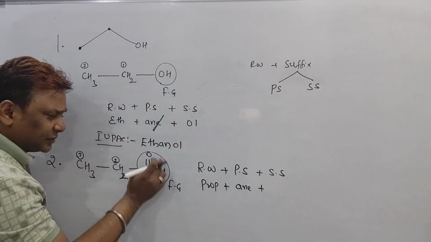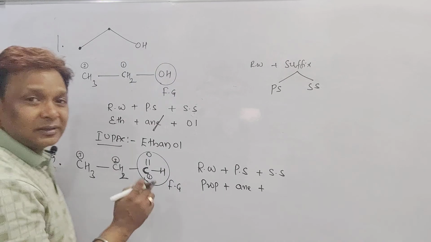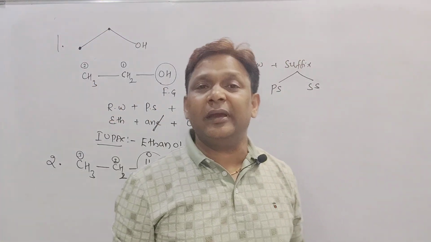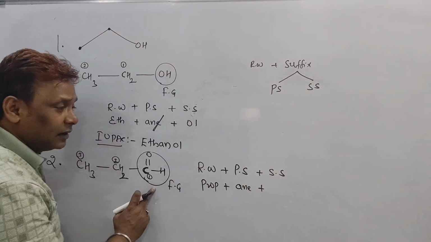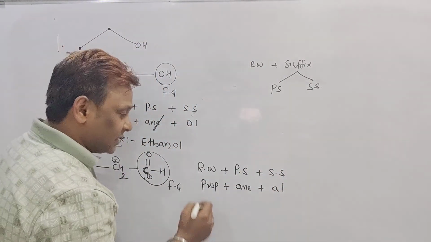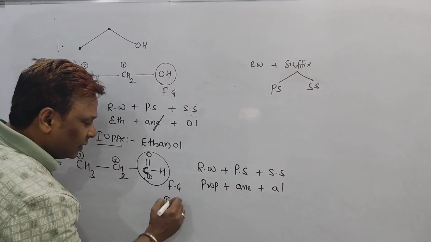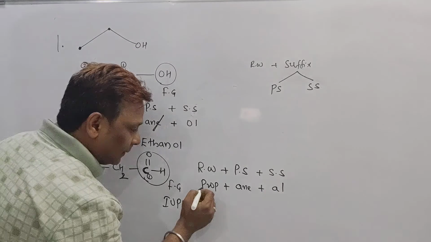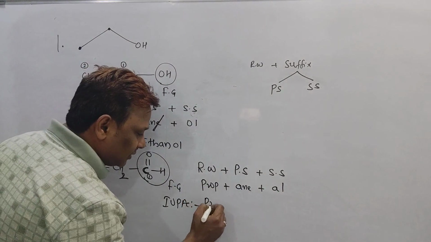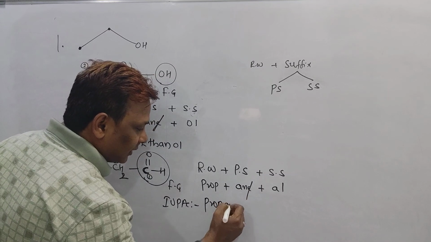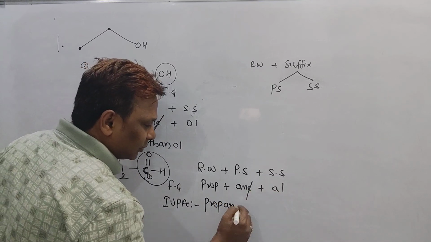What is the secondary suffix, beta? This is a functional group. Just now we wrote CHO is a functional group called aldehyde. And for aldehyde, what secondary suffix are we using? AL. So how to write the IUPAC name of this compound, sir? PROP, ANE, and instead of E, what should you use here?